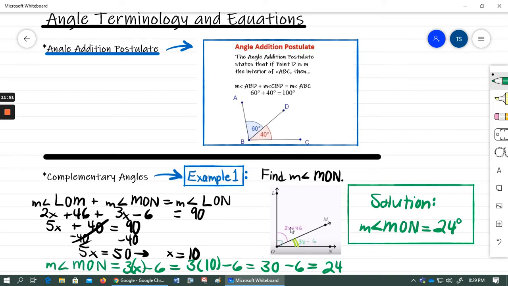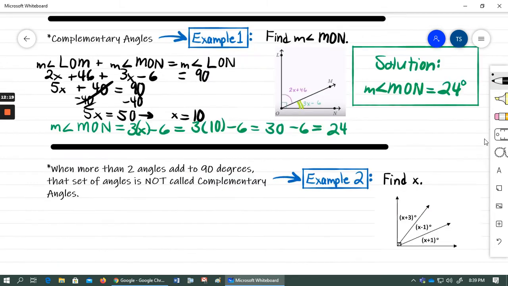In order for you to call some angles complementary angles, it needs to be exactly two angles that add to 90 degrees. It can't be more than two, can't be less than two. So in this next example, we're going to look at what happens when we have more than two angles that are adding up to give us 90 degrees.